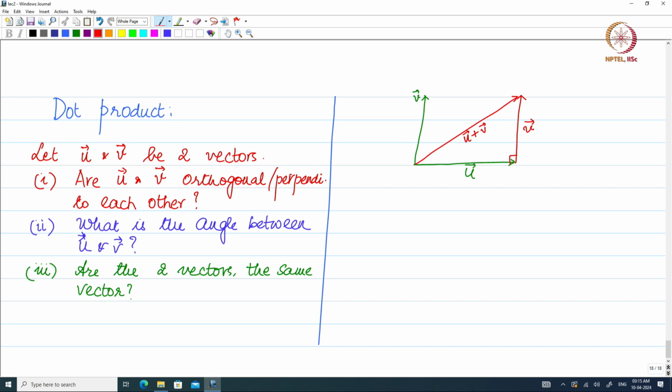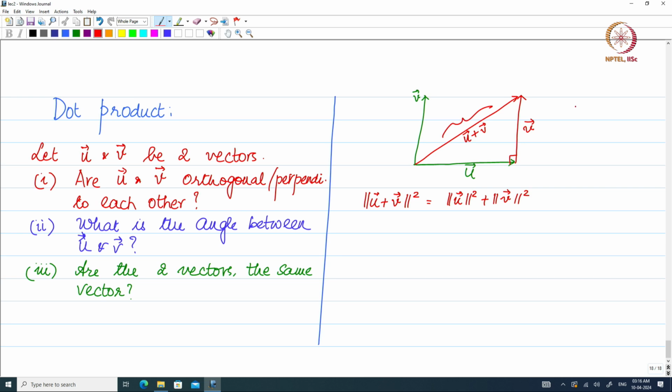We can use Pythagoras theorem, where we are going to say u plus v the whole square, that means the length of the hypotenuse square is the length of adjacent square plus the length of the opposite square.